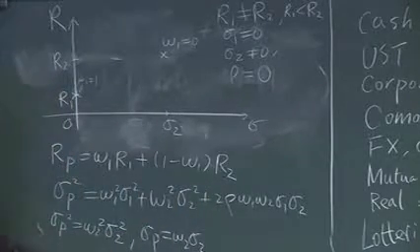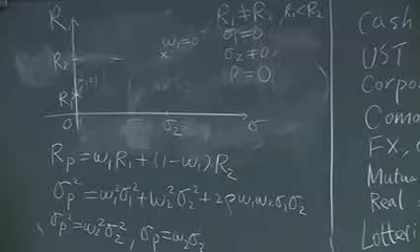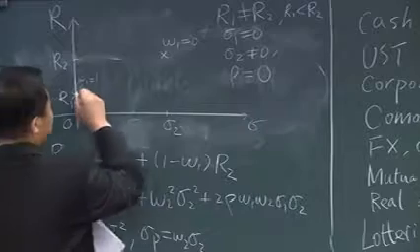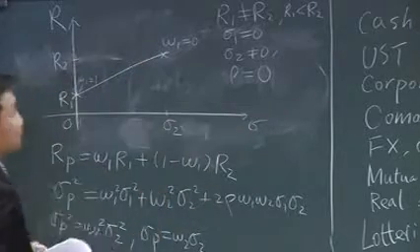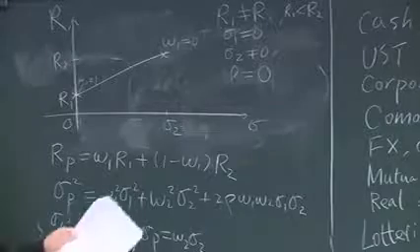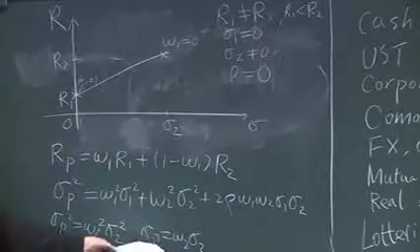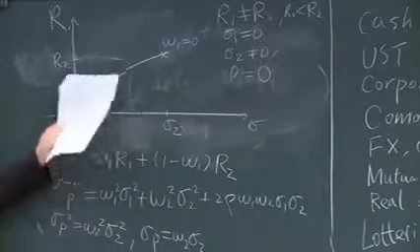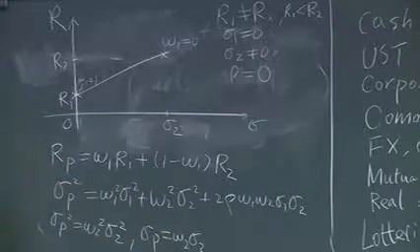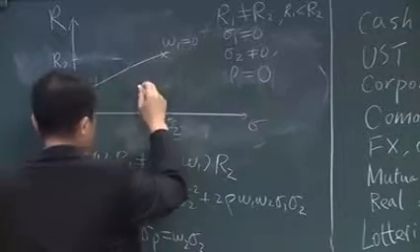So it's still linear. Okay, so in these cases, return is a linear function, and the slope. What is the slope of this?